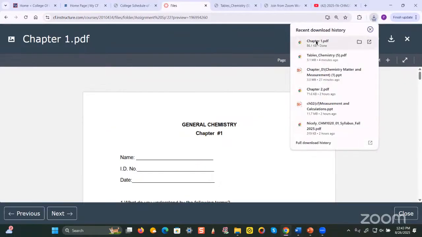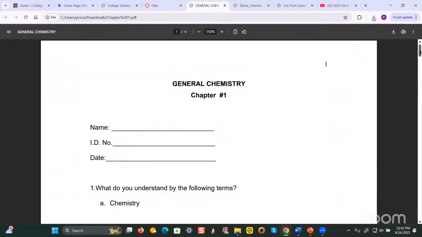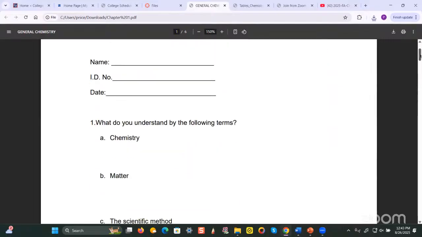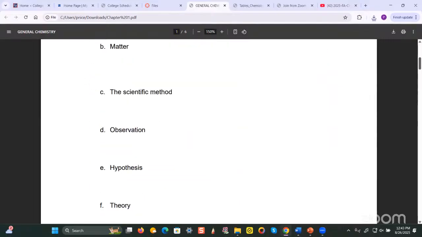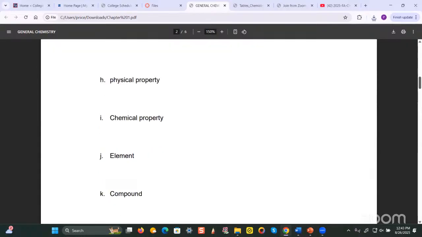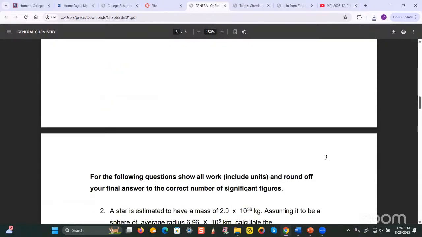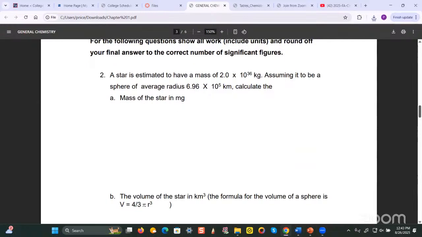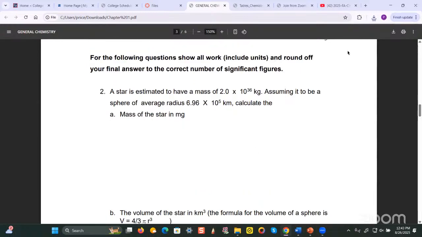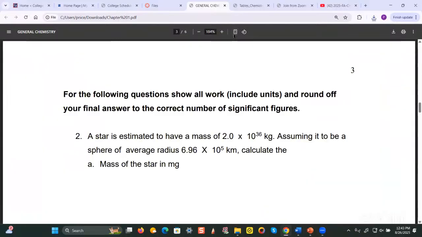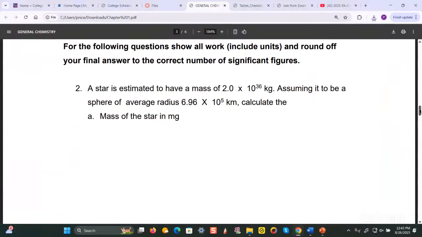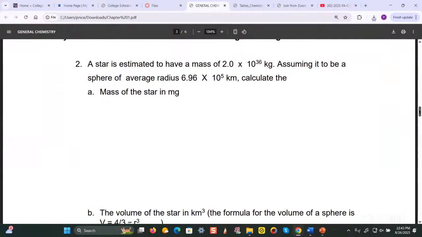For the first part, I'm going to leave you to answer those questions on your own. Should be easy, for question number one, that is. I want to jump to question number two. It says that you have a star and the mass of the star is 2.0 times 10 to the 36 kilograms.